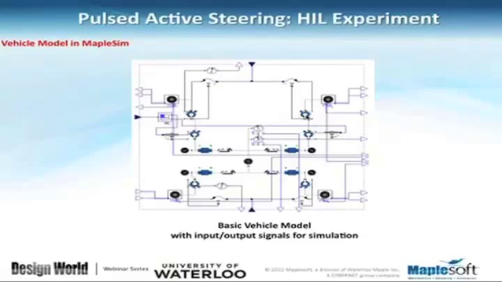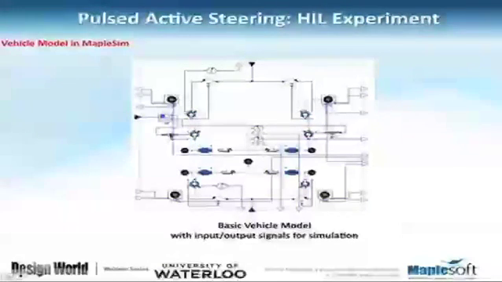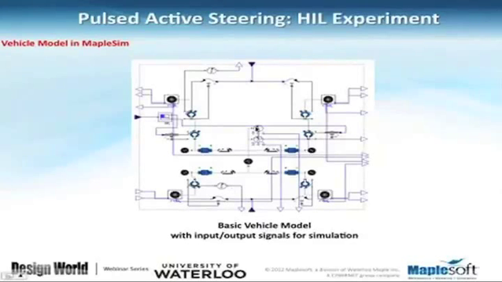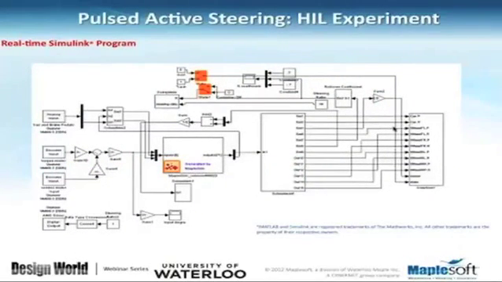And then we have added the controller, the inputs for the steering motion, and also another input from the bottom and the top for the torque going to the front or the rear wheels of the vehicle. So that's the overall model of the vehicle. The next thing that we did was convert that into a symbolic model, because the hardware-in-the-loop system that we use here was MATLAB Real-Time Workshop.